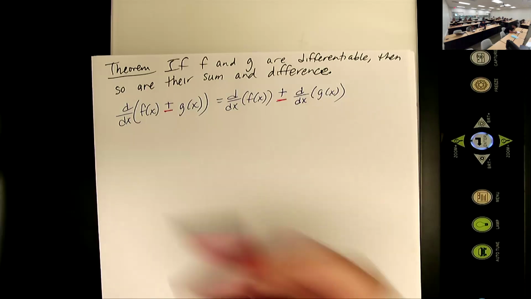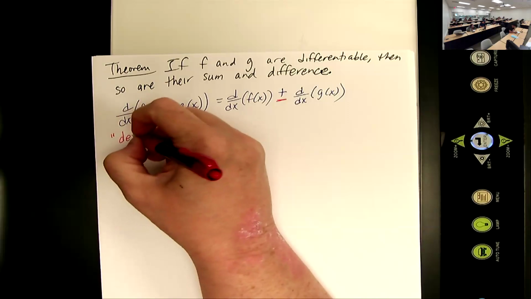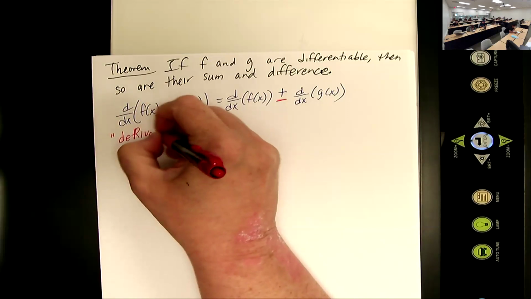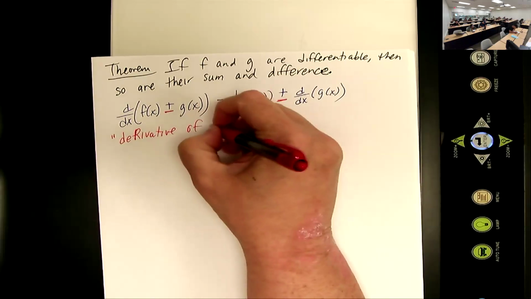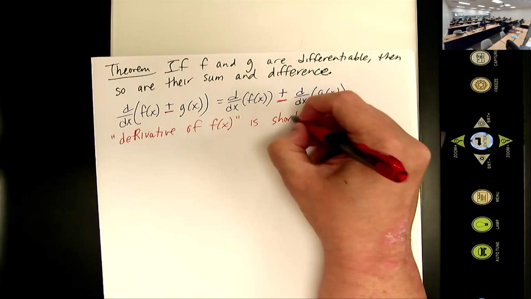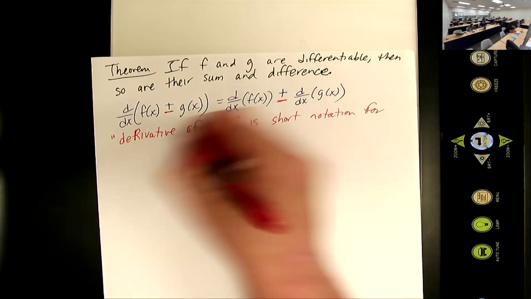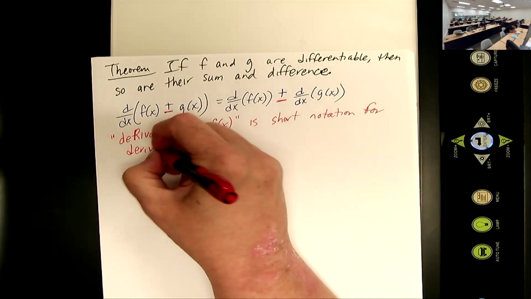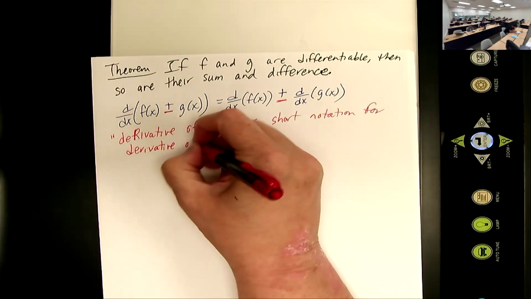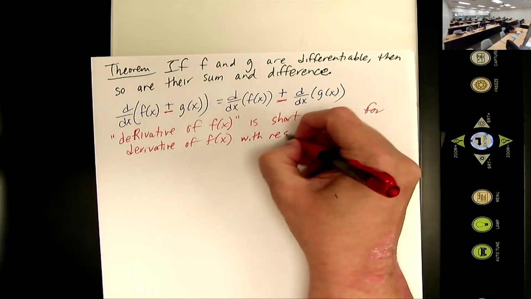And I've been saying a lot, we say the derivative of f of x. That is short notation for the derivative of f of x with respect to x.